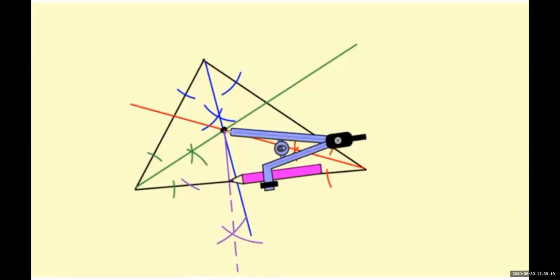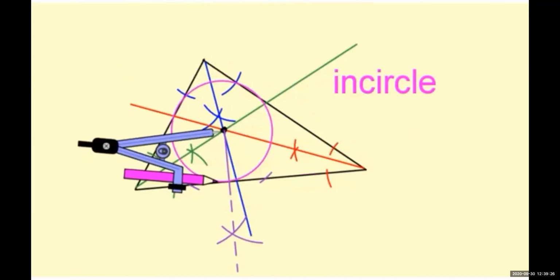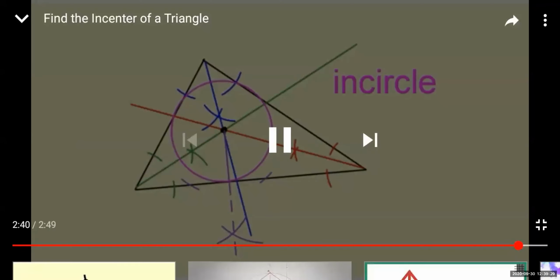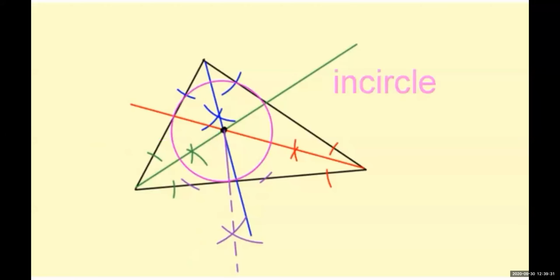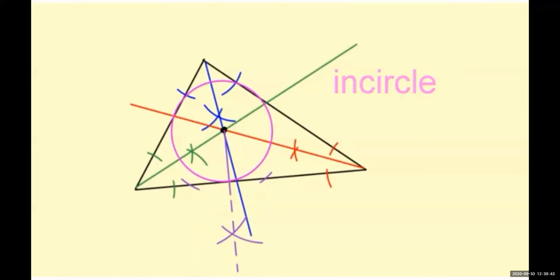Take this distance in a compass, and this is the incircle. Here you can see this is the incircle. It touches all the sides of the triangle, and if this incircle is outside the triangle, that means somewhere a mistake happened while constructing the angle bisector.